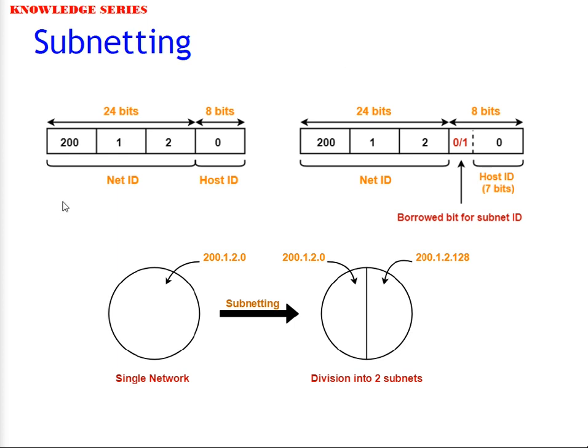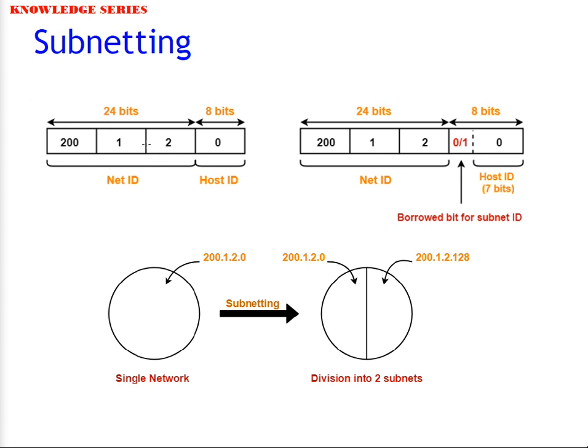Class C starts at 192. How much you have to add? 32. So it becomes 224, so you have to write only 223. So the range of class C is 192 to 223. So this is coming under the class C scenario. So this is a class C network.